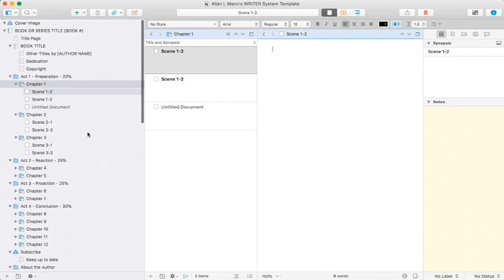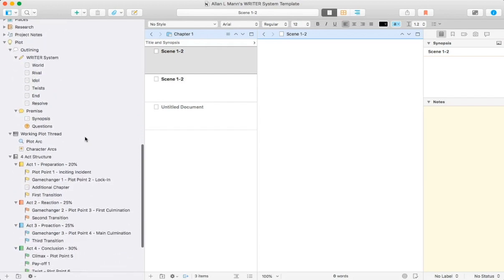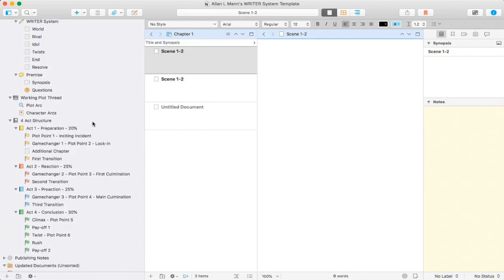So that, in short, is the writer system: world, rival, idol, twists, and resolve. It's actually much more than that. It's the checklist. It's a process for going from those 1, 2, 3, 4, 5, 6 points, taking those concepts, putting them on paper, putting them on the screen, writing a very, very short hook, that two sentence synopsis, asking questions.